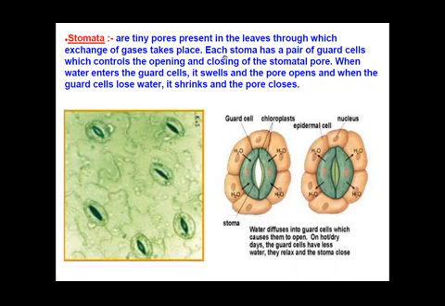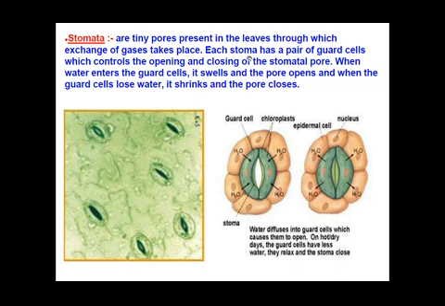So what is the purpose of these stomata? These stomata are helpful in the exchange of gases. You can see a microscopic structure of the leaf where you are observing these stomata present on the lower epidermis of the leaf.